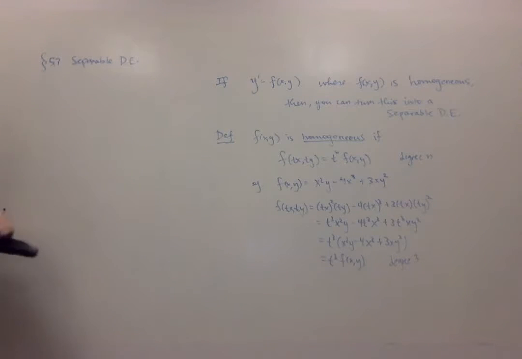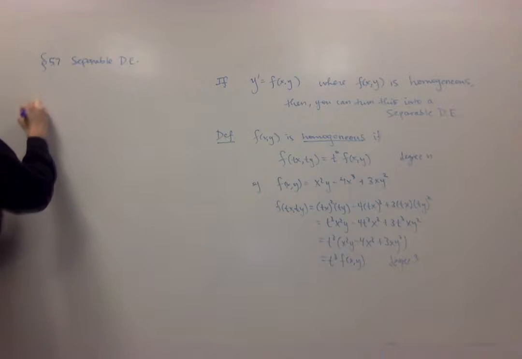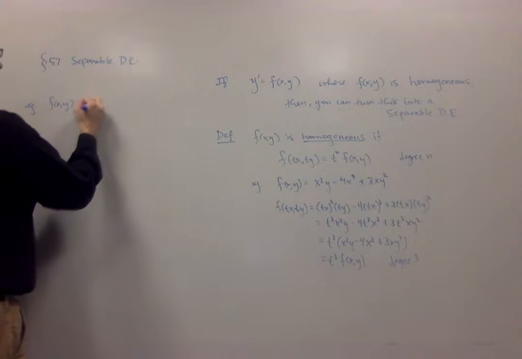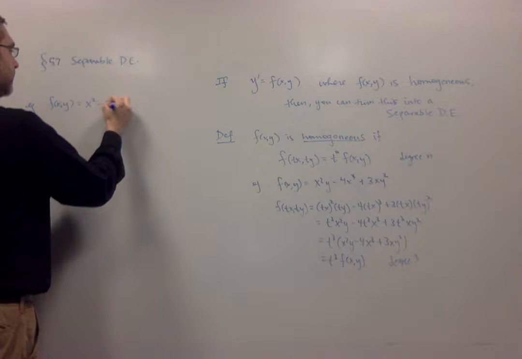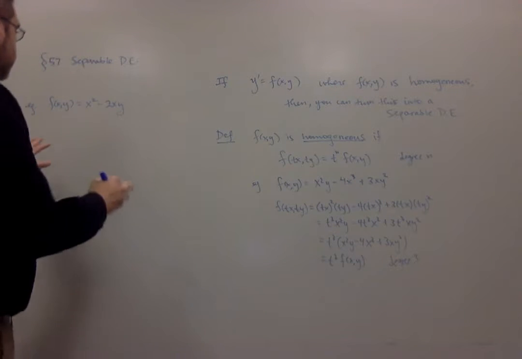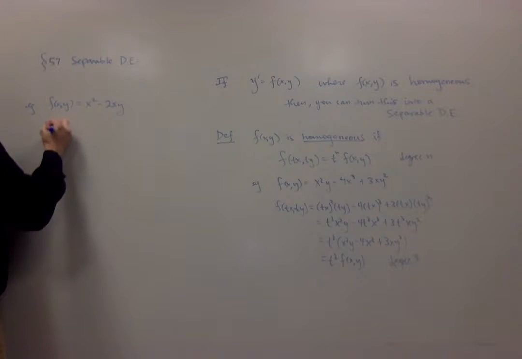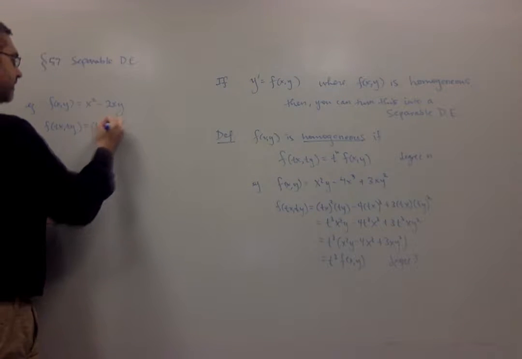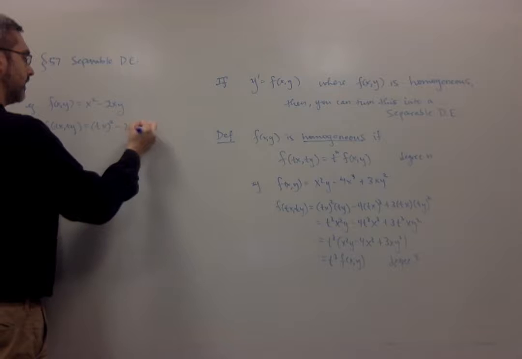Let's take a couple other examples here. All right, let's try f of xy equals x squared minus 2xy. Can you see what's going to happen here? Let's plug in tx and ty wherever there's an x and a y.